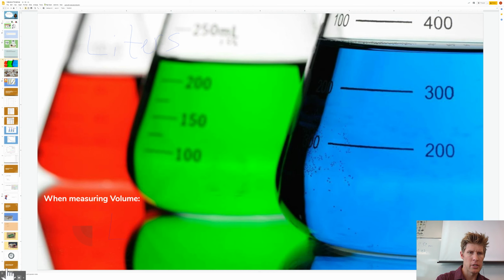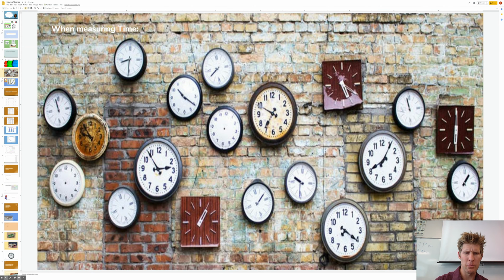All right. So when we measure time, we always measure time in seconds. That color is not working. Seconds. Okay, if you can't see it, I'm sorry, but I can't really adjust the font size of my pen. So we measure it in seconds.